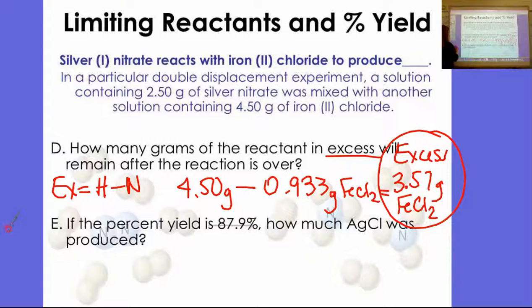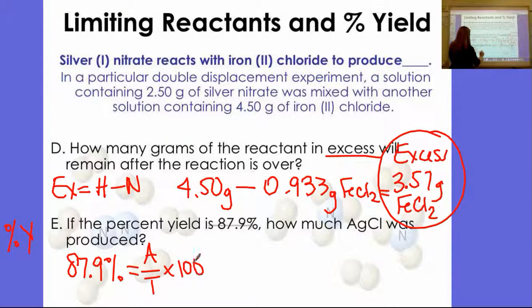Now, here's the last step, percent yield. If the percent yield is 87.9%, now it gave me the percent. That's equal to actual over theoretical, remember, times 100. How much AgCl was actually produced? Here I'm solving for the actual.